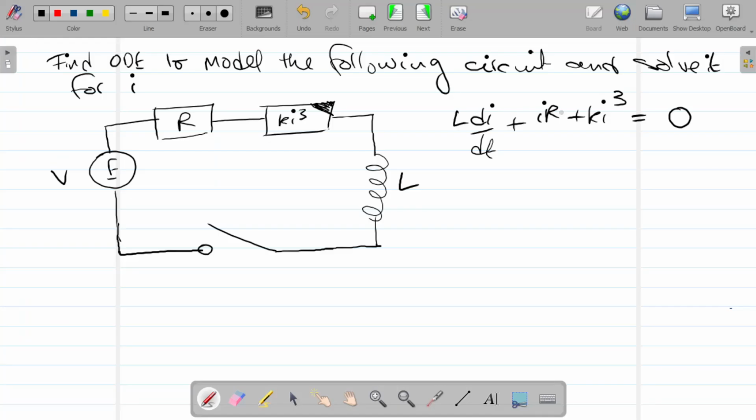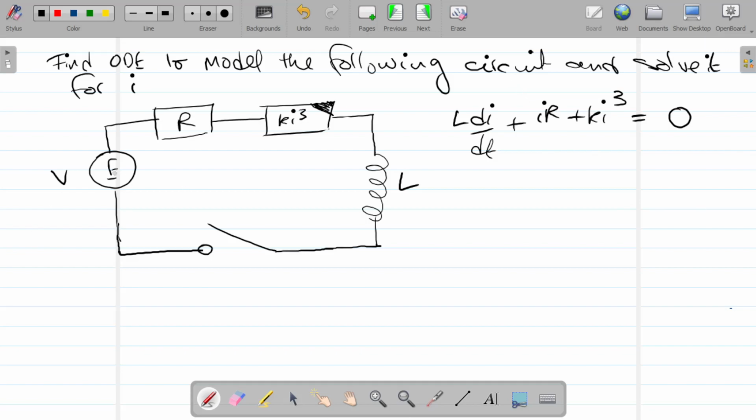Hello and welcome to another mathematics video in which we seek to analyse and solve ordinary differential equations amongst other things. Now here we have a non-linear electrical circuit as shown in the diagram.